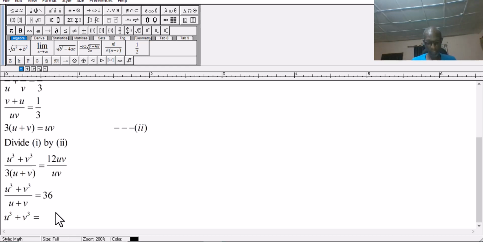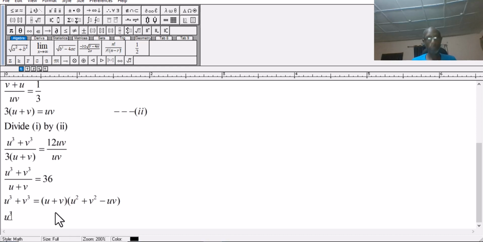This identity is the same thing as u plus v bracket, u squared plus v squared minus uv, or we can say that u cubed plus v cubed is the same thing as u plus v bracket, then u plus v all squared minus 3uv.